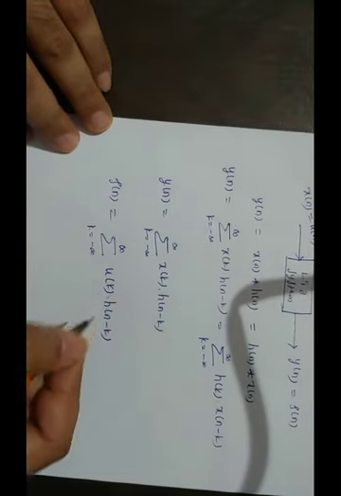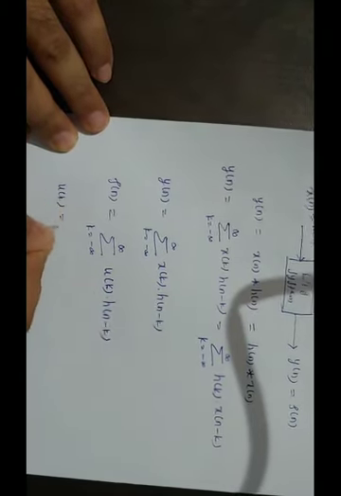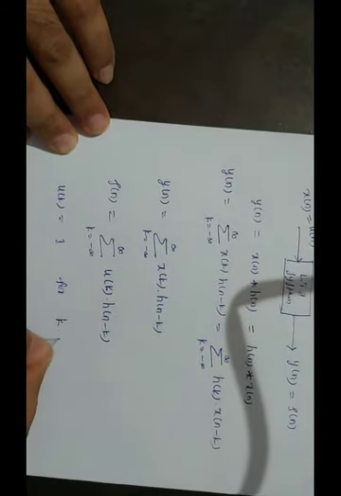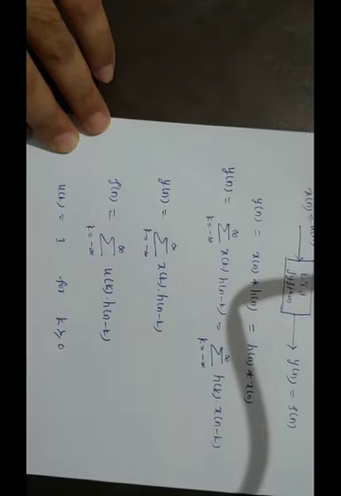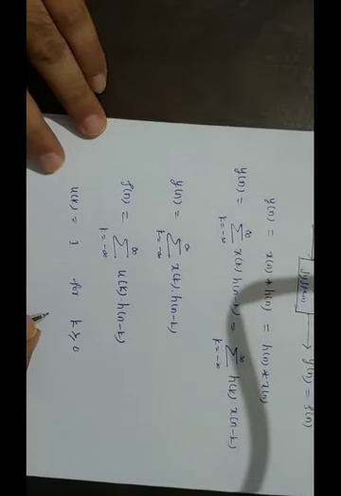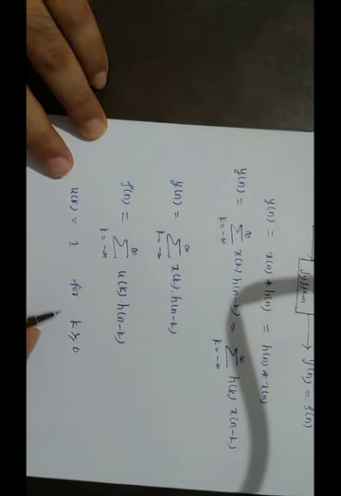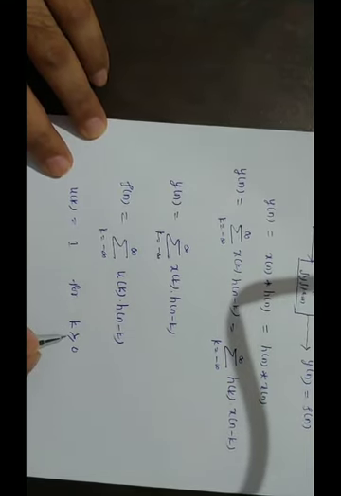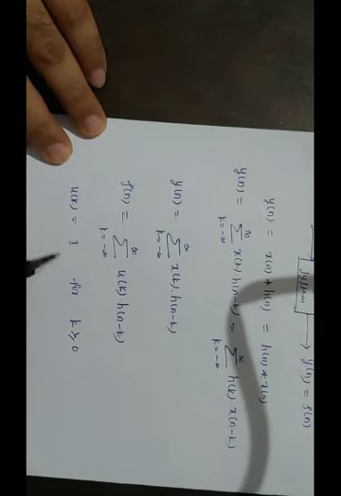Already you know that u of k equals 1 for k greater than or equal to 0. That means my k value must be equal to 0 or greater than 0. Then only its value equals 1, otherwise its value equals 0. Based on this, the range will change.